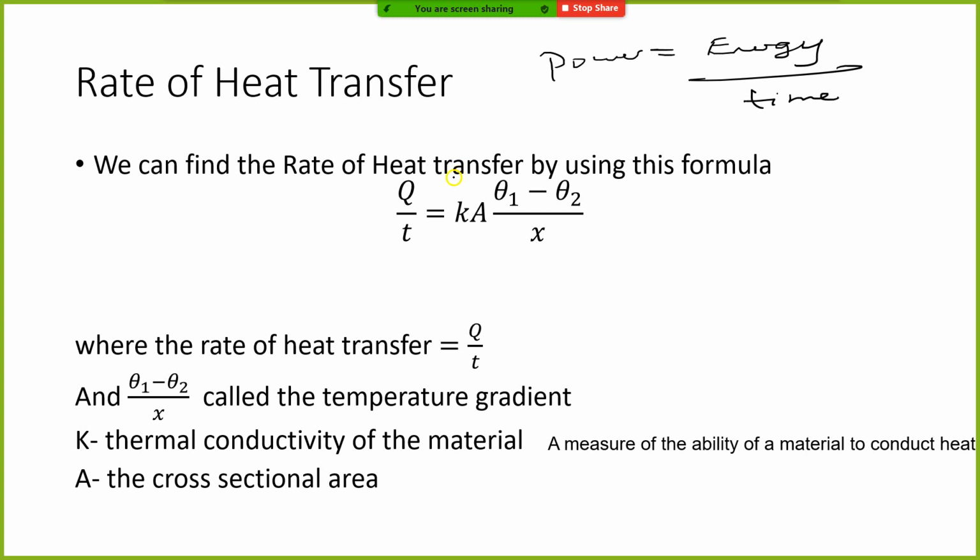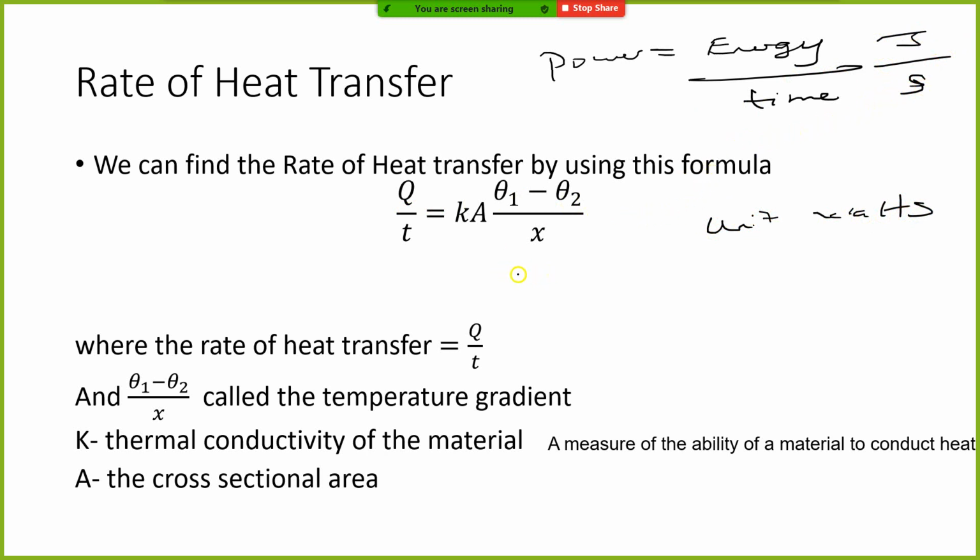But we just use the rate of heat transfer because we don't want to mix up the terminologies for power, because power can be used to represent so many things. But this is what it really is. So at the end of the day, when we finish calculating this, the unit is going to be in watts, because energy is in joules and time is in seconds, so that ends up being watts.